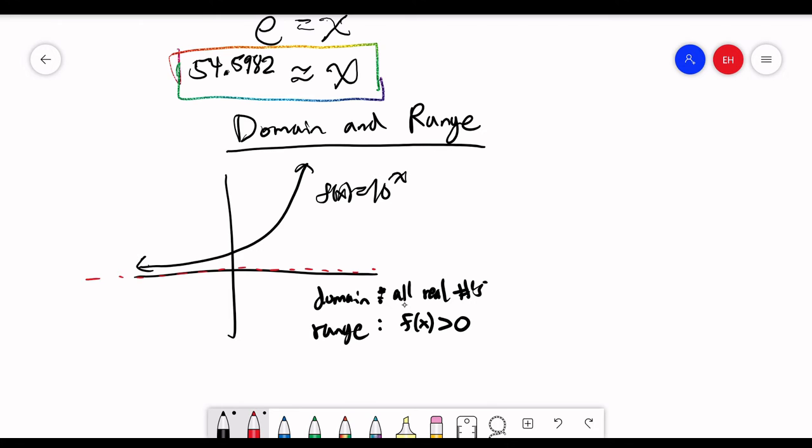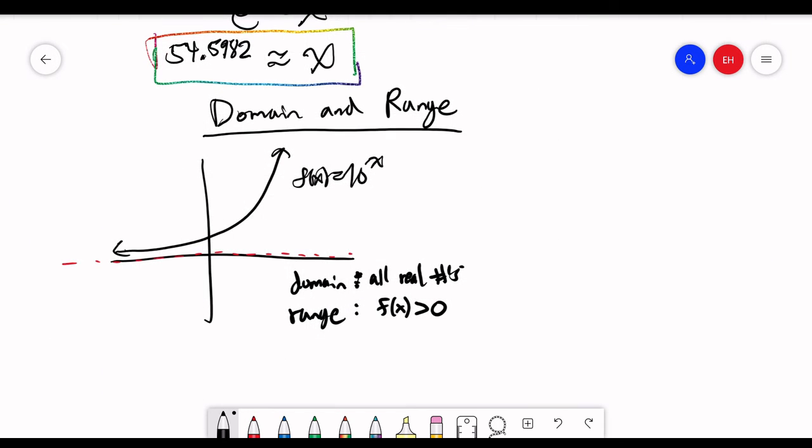Again, we have this horizontal asymptote y equals 0, because as x gets really large in the negative direction, you get 10 to the negative billion, which is 1 over 10 to the billion, which goes to 0. So it's an end behavior asymptote on the left-hand side of the graph. On the right-hand side, of course, it goes off to infinity.